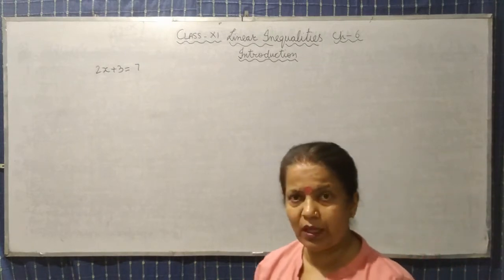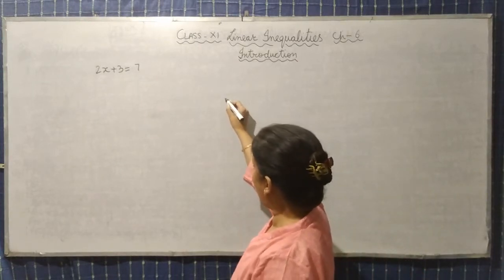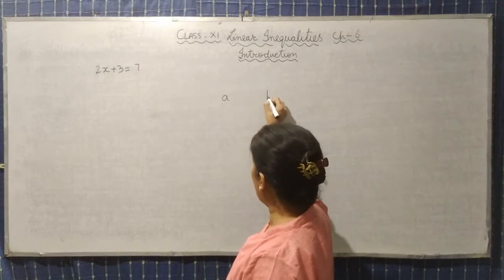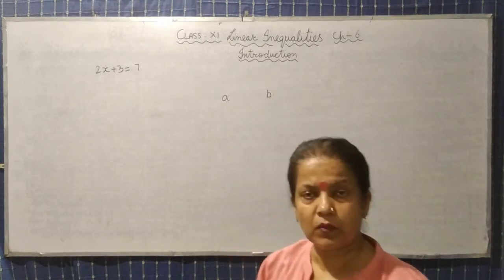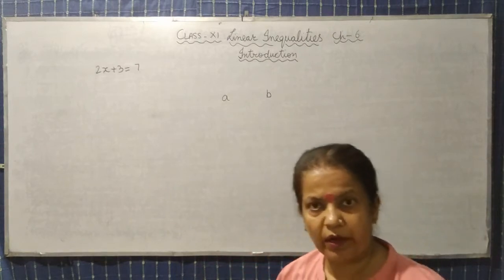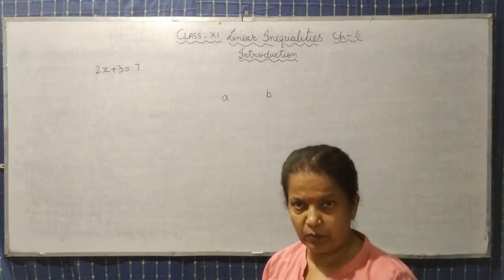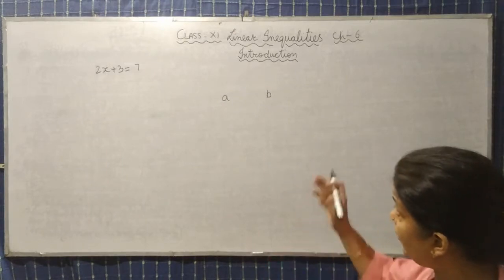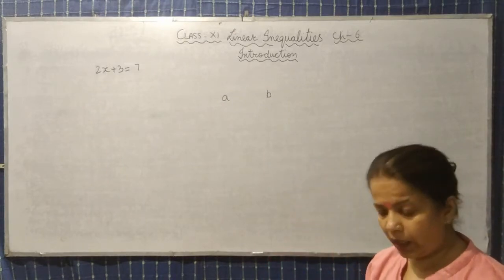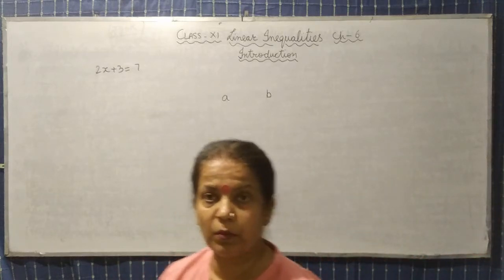And I am taking one example over here. Suppose that there are two quantities A and B. And these two quantities are of same material, of some weight. तो इन दोनों में अगर हमें comparison करना हो, what does it mean?